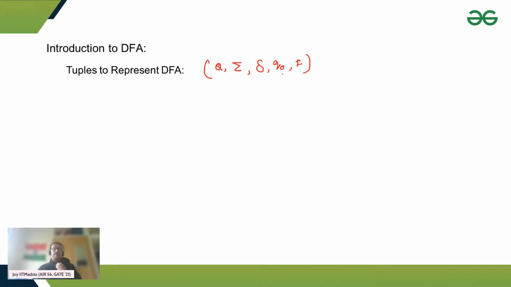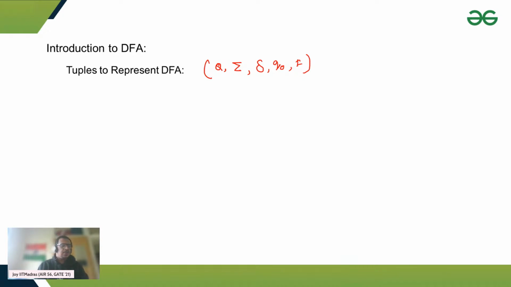These are the 5 tuples, or 5 symbols, that are used so that we can represent our DFA.